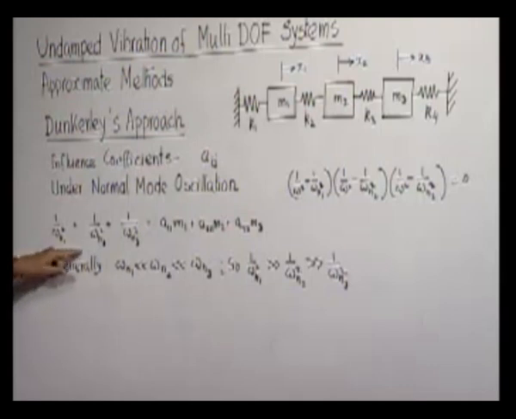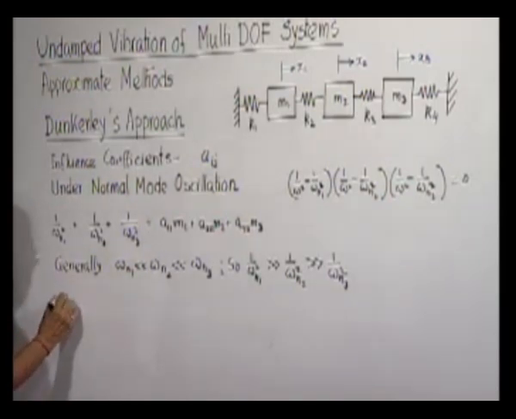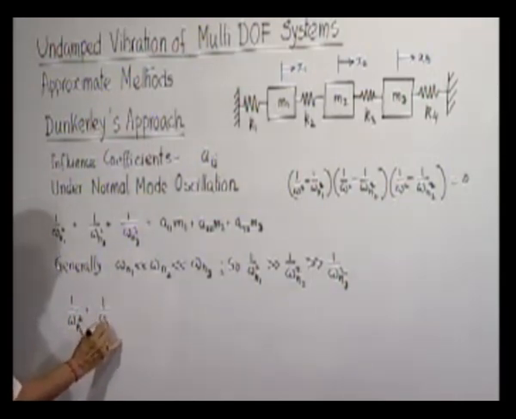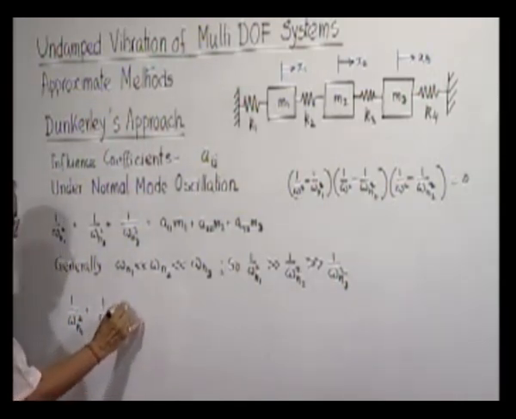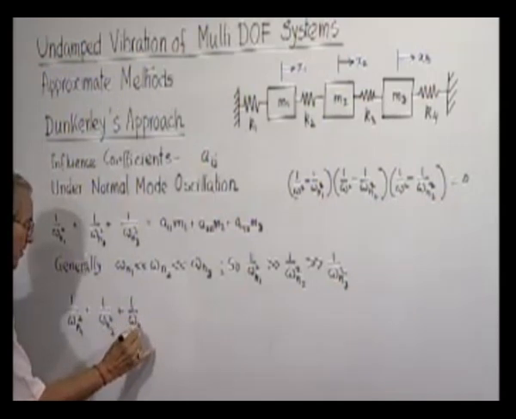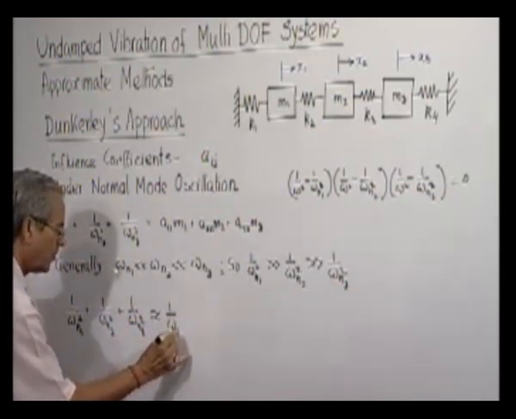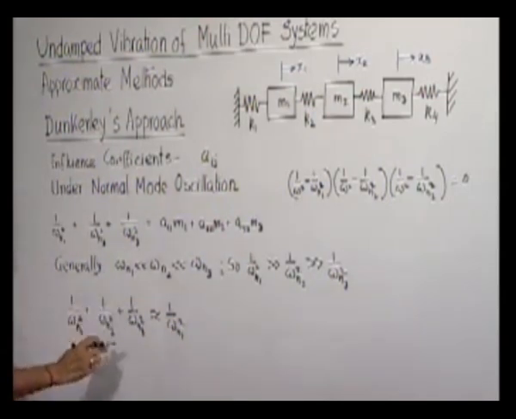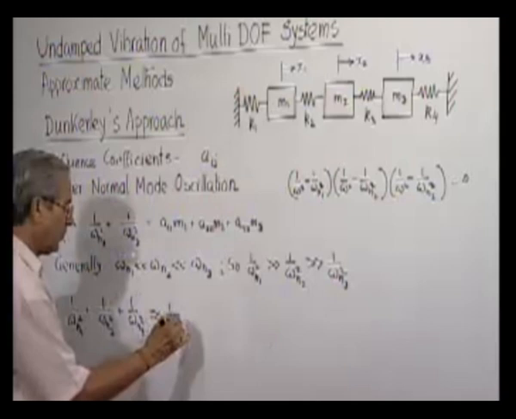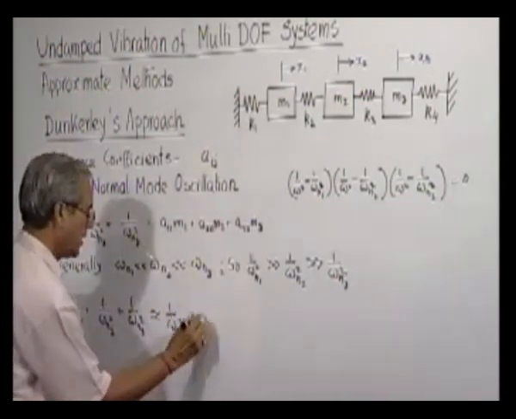So therefore, in this term, this is the largest term compared to these two. So, this is approximately equal to, that means these two terms can be ignored since they are much smaller than this, and this of course then we can write as approximately equal to this.